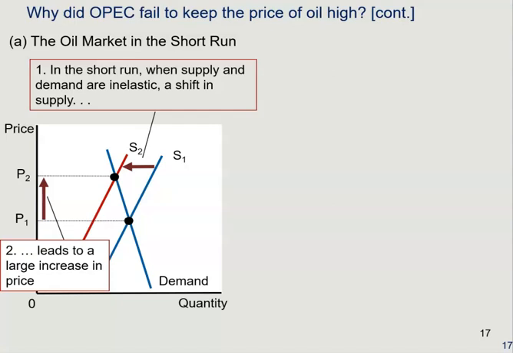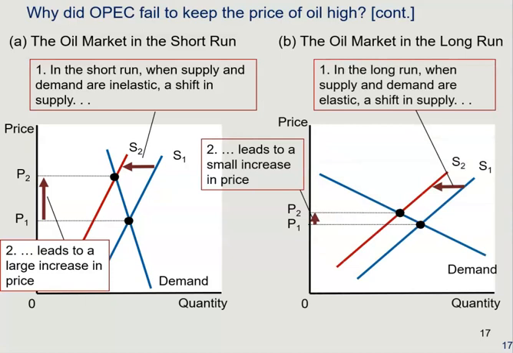However, in the long run, the situation might be different. Now, in the long run, on the demand side, we're going to see it could be more elastic. That's why we put a relatively flatter demand curve on the graph here on your right-hand side. Why does demand become more elastic?